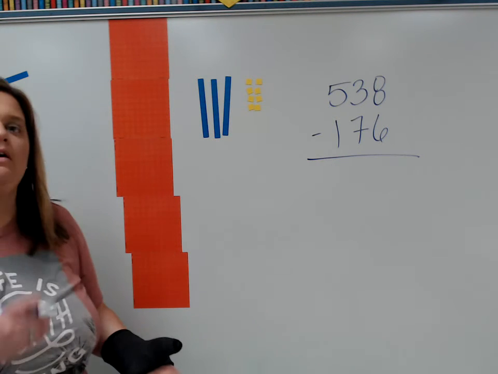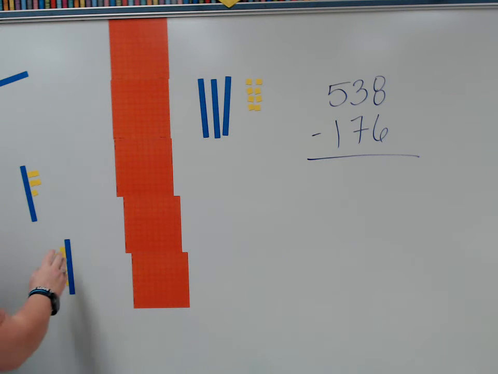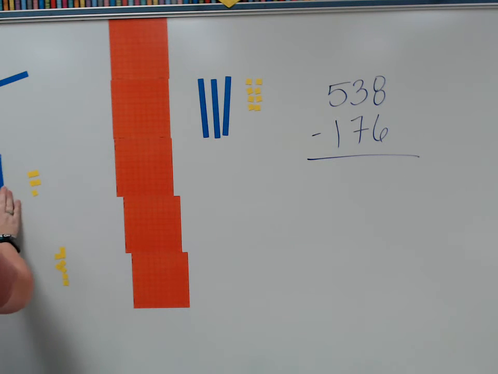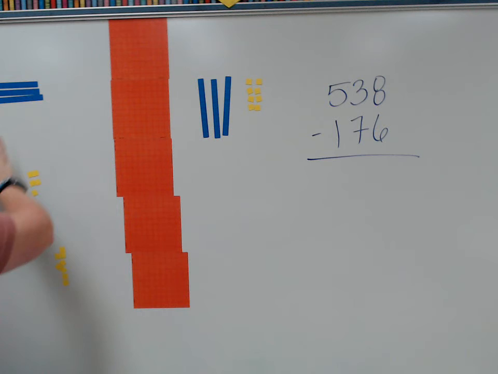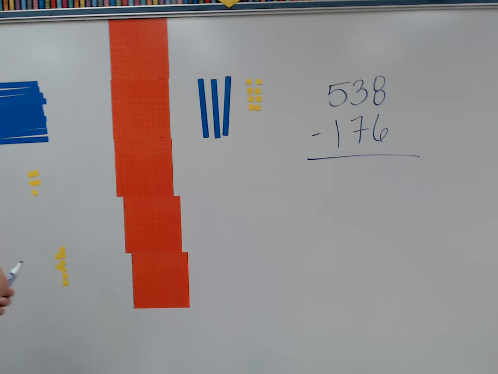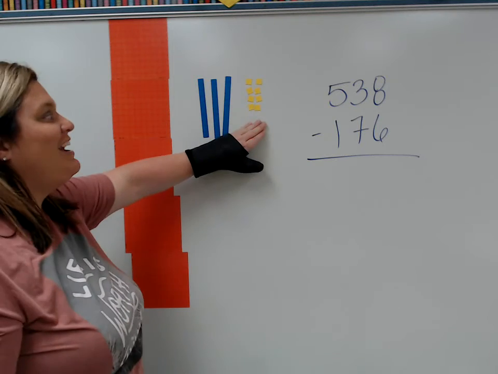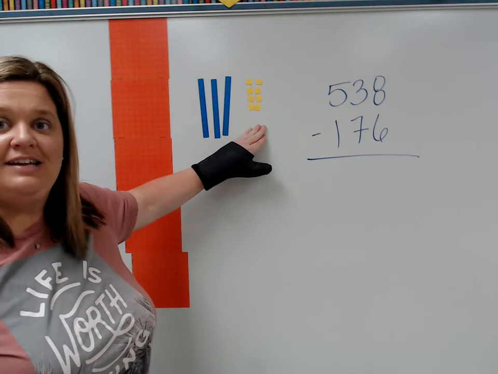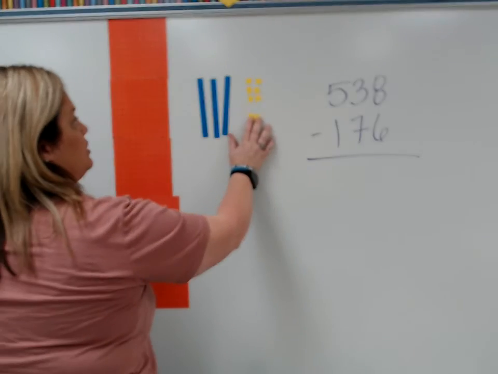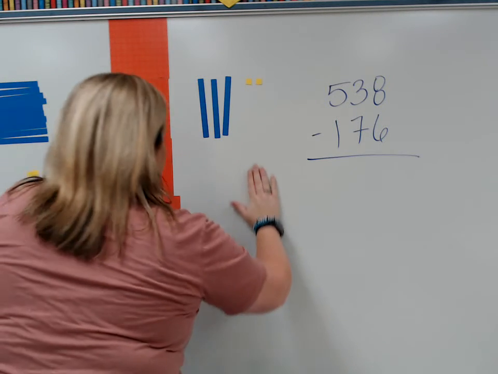So what I have to do now is I have to subtract 176. 1 second. I'm going to go ahead and get my rods over here. So I have 8 right here, and I have to take away 6 of them. So 2, 4, 6. Okay, I can do that.